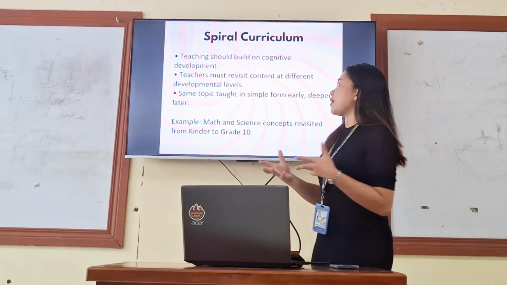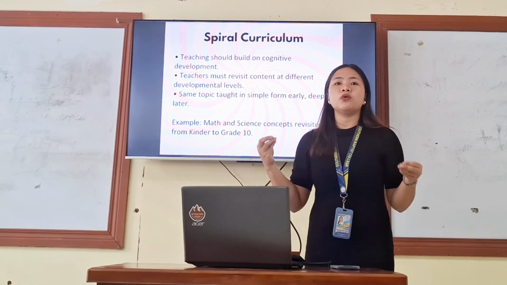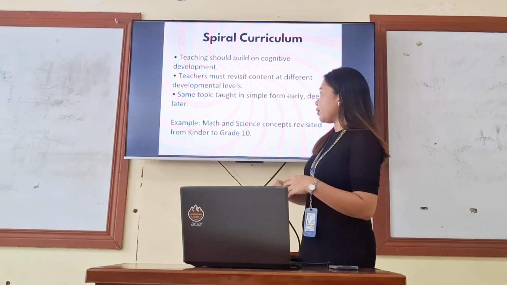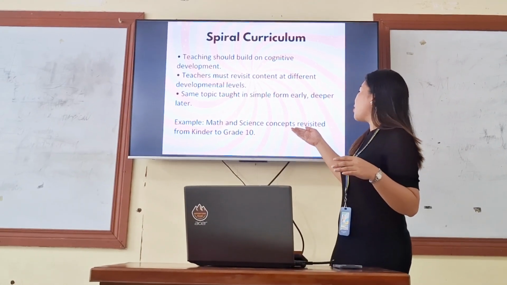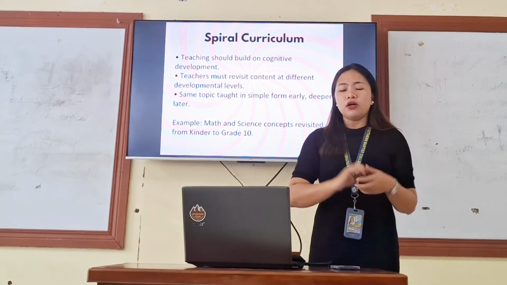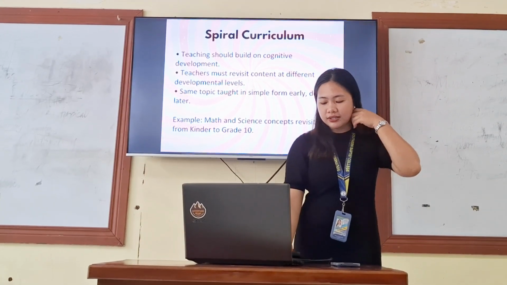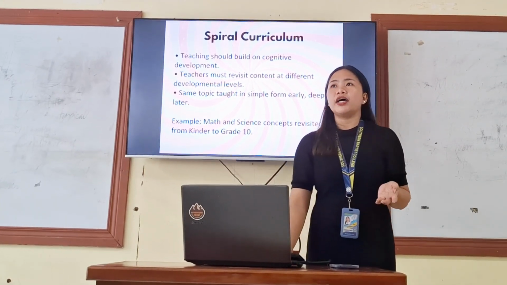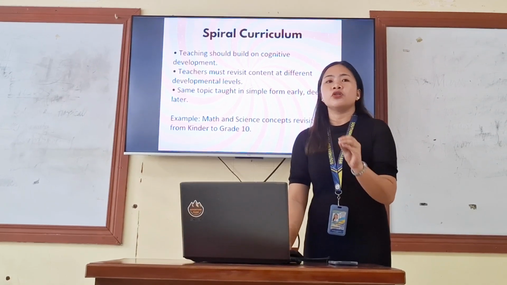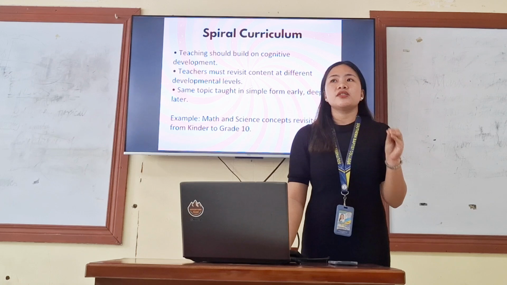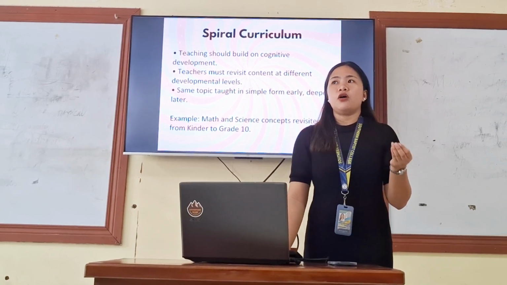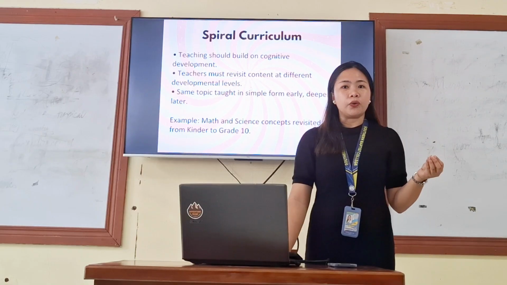An example of this is the plant. We all know that when we are in elementary, in nursery or kindergarten, we just know that plants need water and sun to grow, right?